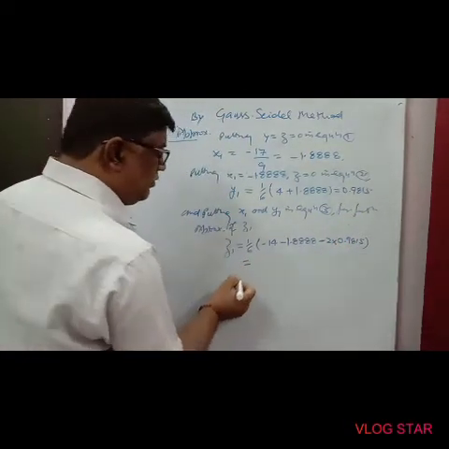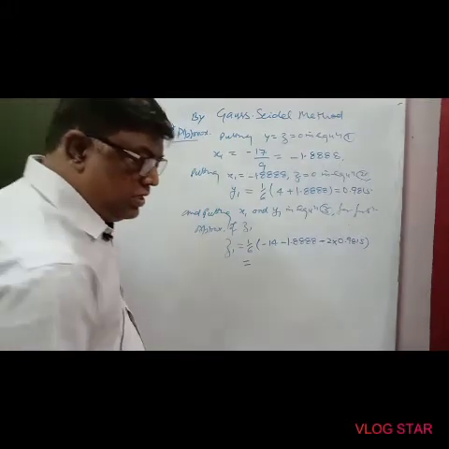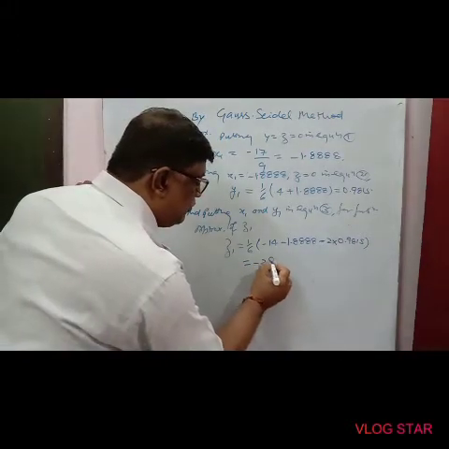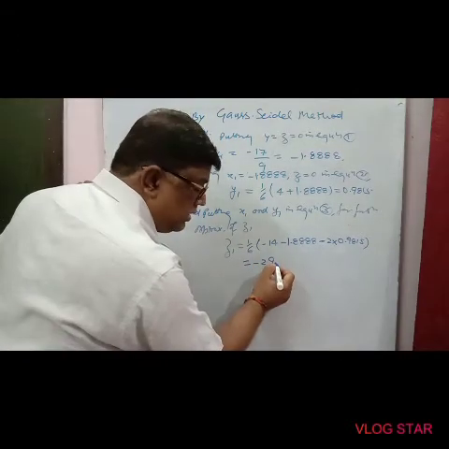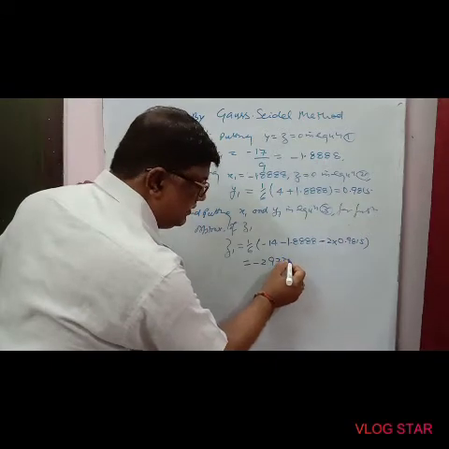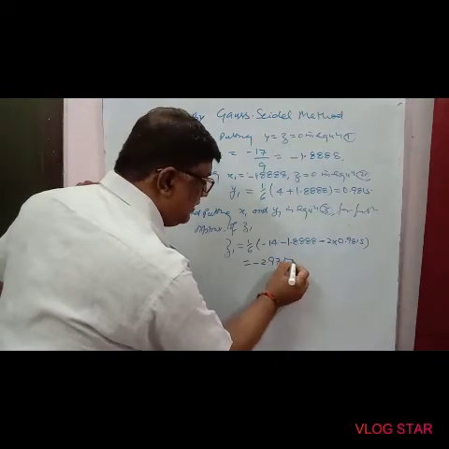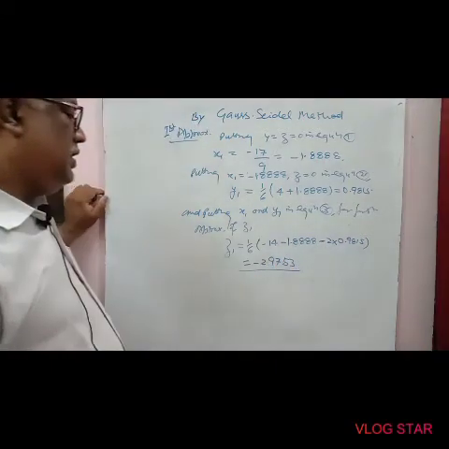By using the calculator, we find z1 gives minus 2.9735. This is the first approximation of z1.